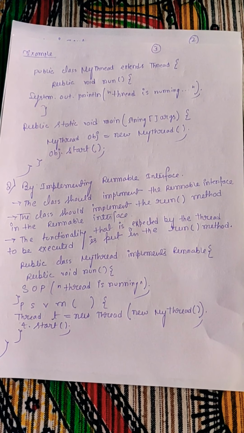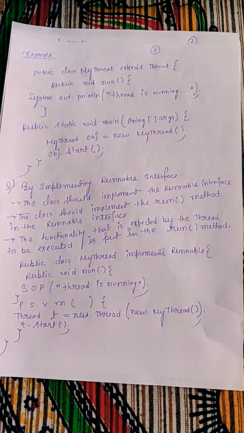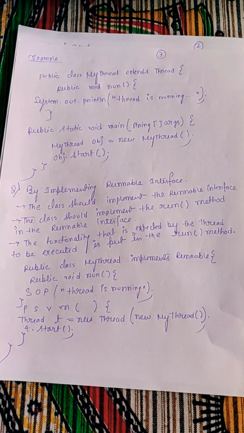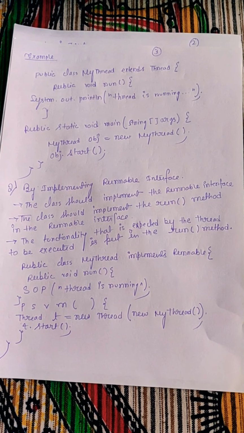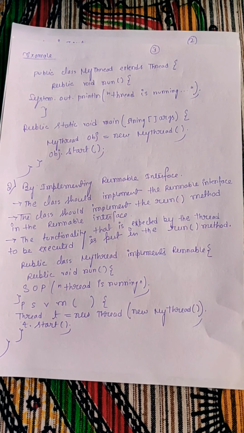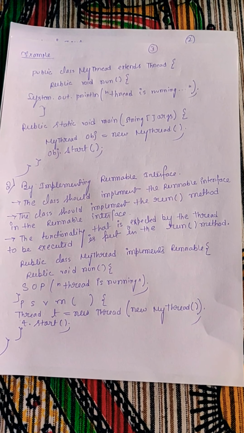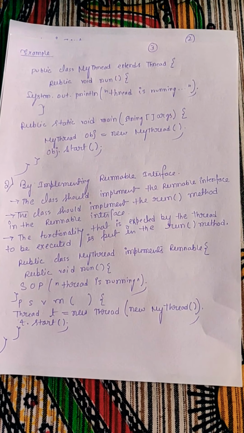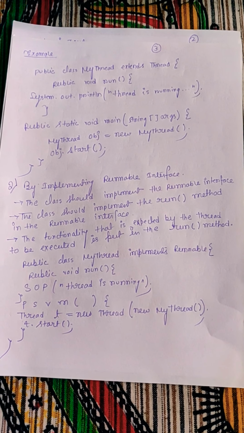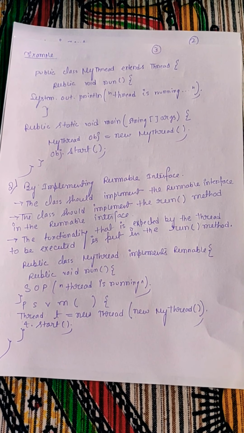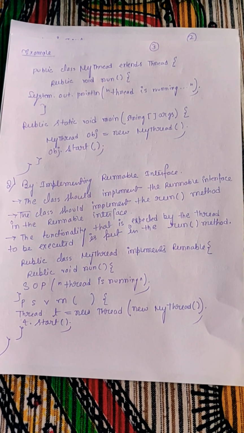Whatever we want to execute should be in the run method. If we want to perform another statement or other queries, we have to write all that functionality under this run method.